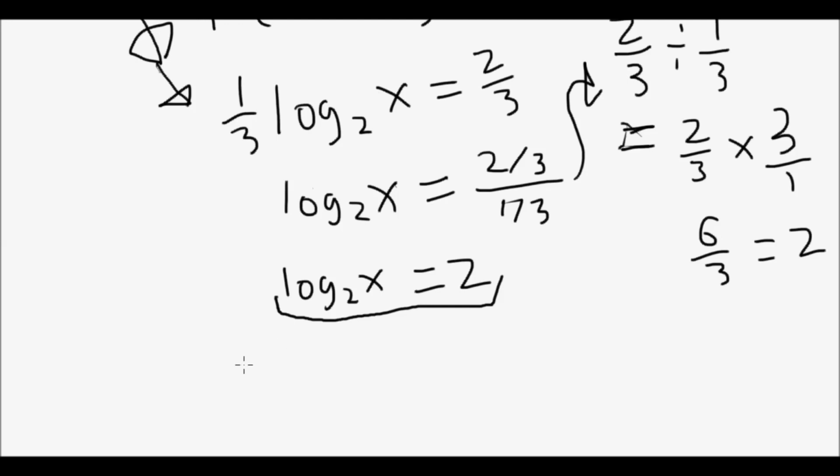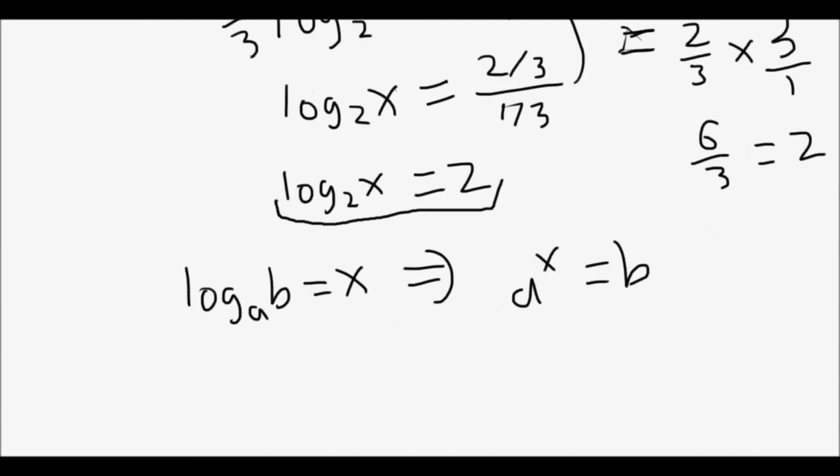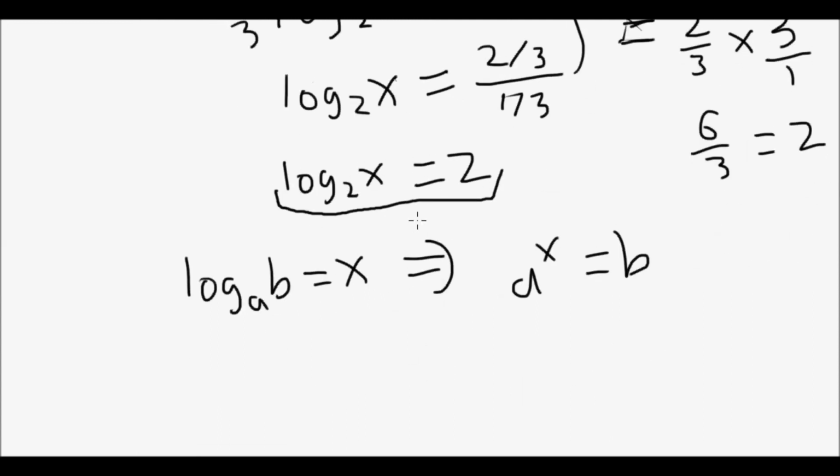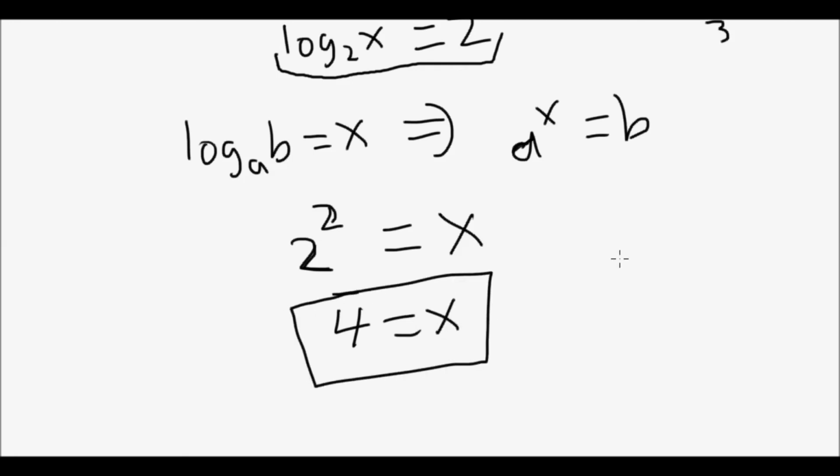As I said, log a b equals x can be converted to a to the x equals b. And in this case, when we convert it, this is going to equal 2 to the power of 2 equals x. And quite simply, 2 to the power of 2 is 4, so 4 is equal to x. And there is your answer.